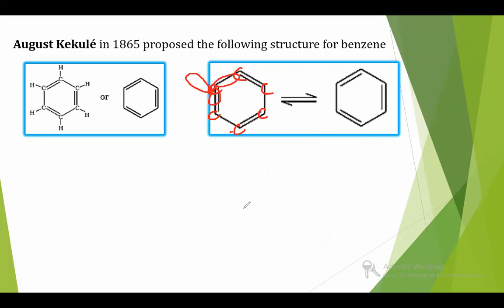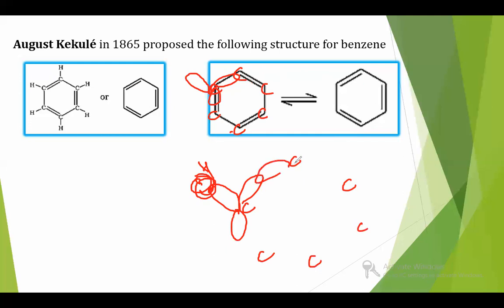This is how the structure looks, with one lobe here, one lobe here, and one lobe here. This is the carbon, and it combines with hydrogen. Similarly, this is another carbon, the middle carbon, the second carbon, and the right side is another carbon, exactly the 4th, 5th, and 6th carbons.